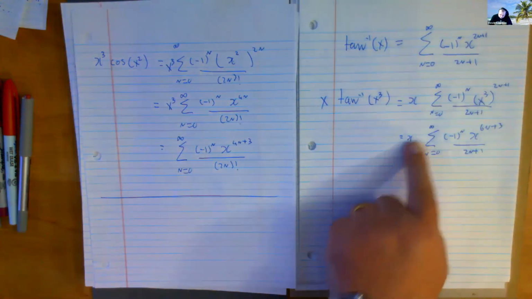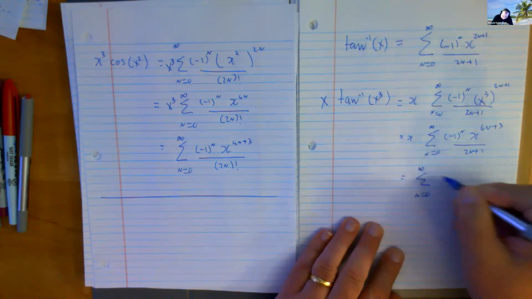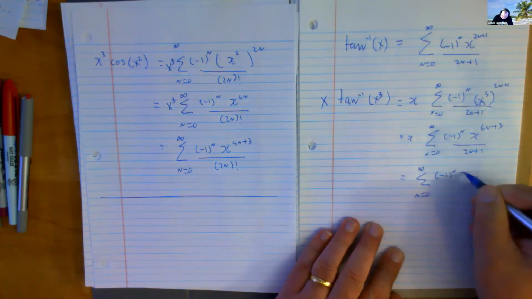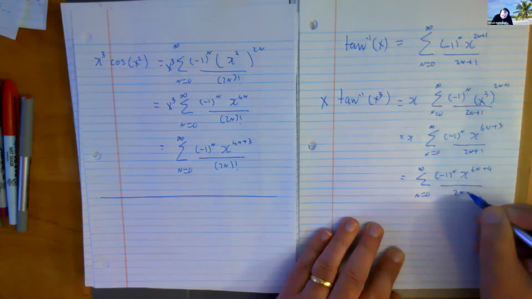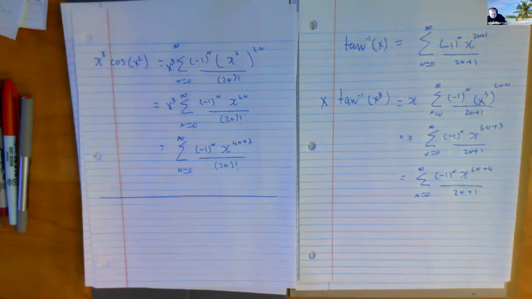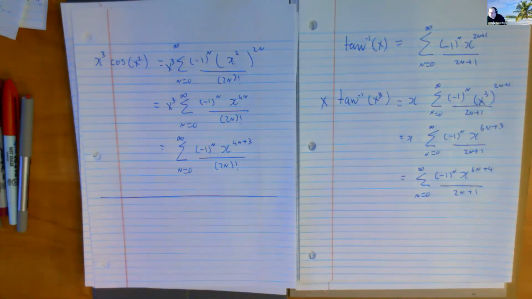And then I'll bring in an x, which basically just adds 1 more to the power of x we have. And you now have the power series for x times inverse tan of x cubed.